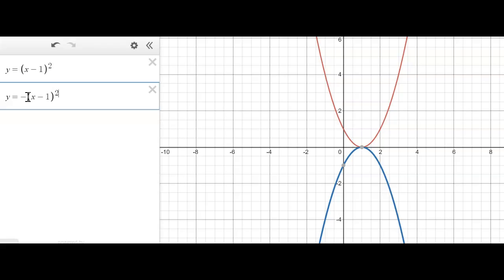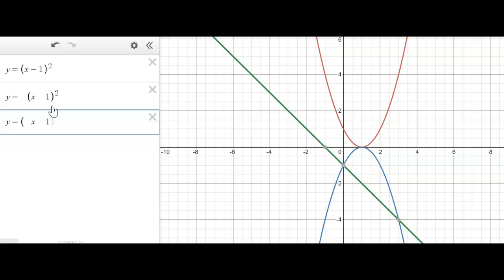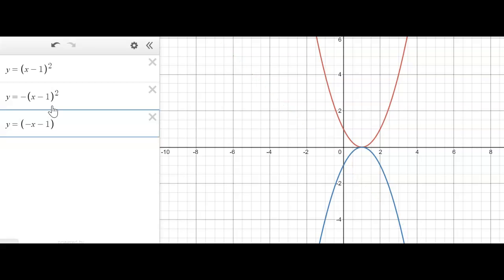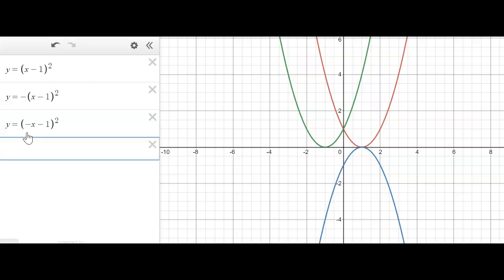So there it is. And then we had a reflection in the y. So remember we took that negative out, so I'm just going to take it out now to show you that it's the same thing.